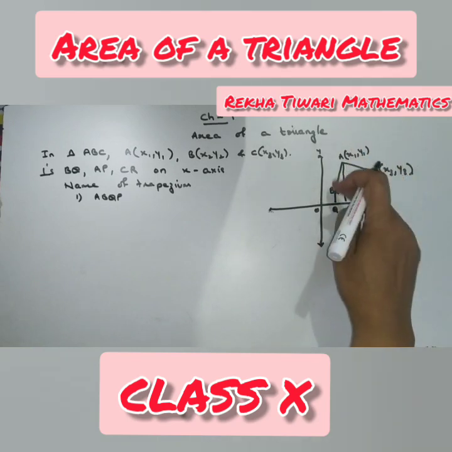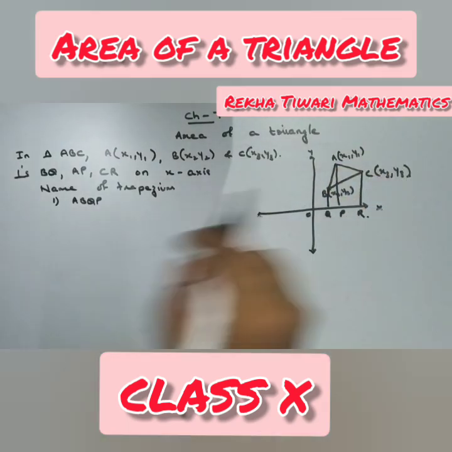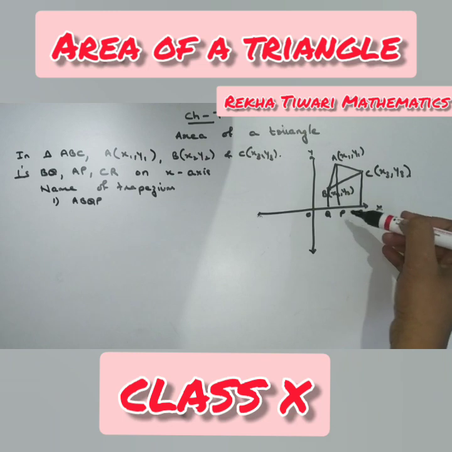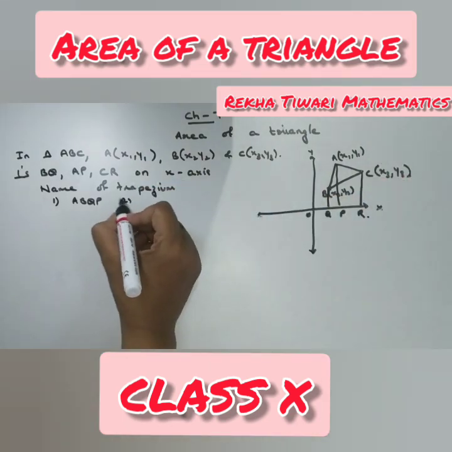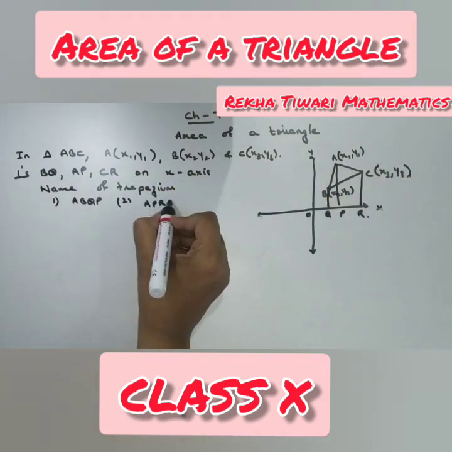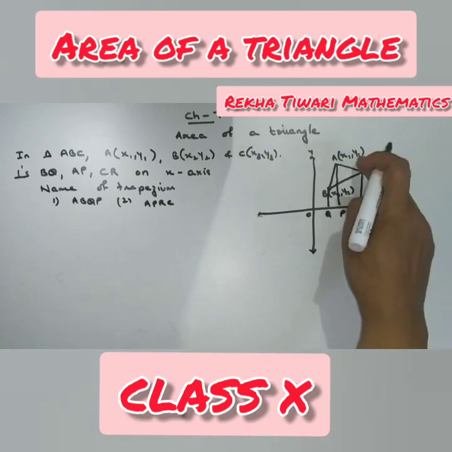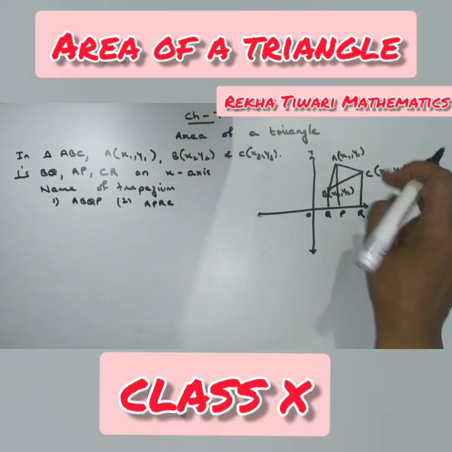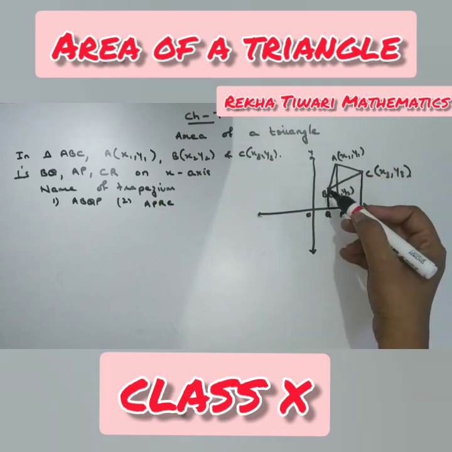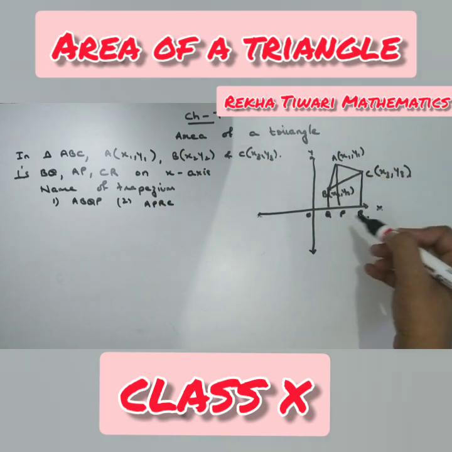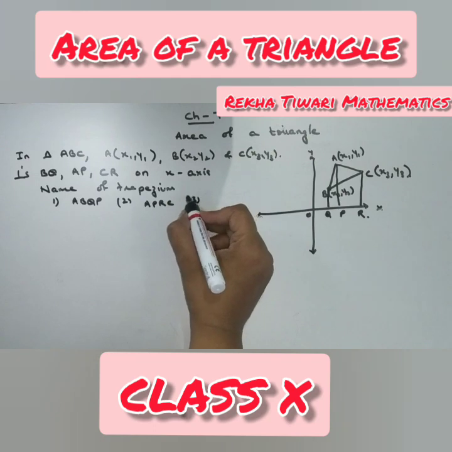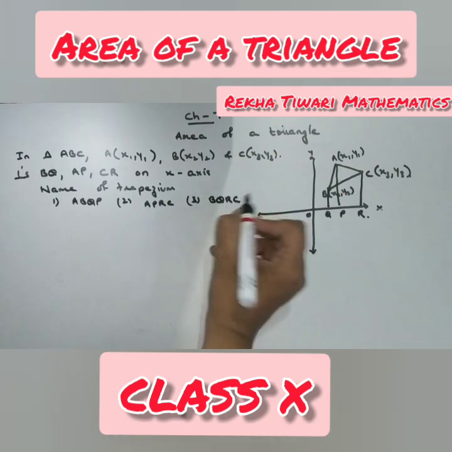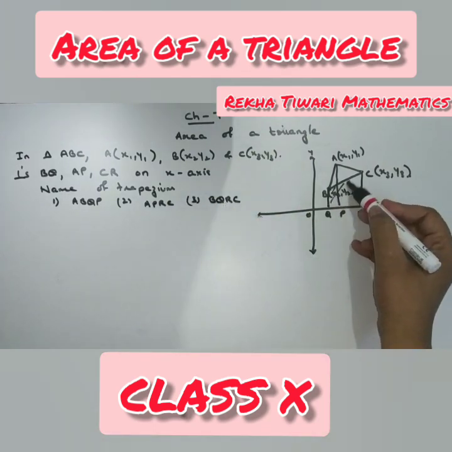See, this is the trapezium. BQ is parallel to AP. The second trapezium is APRC, in which AP is parallel to CR. And the third trapezium is BQRC. See, this is the third trapezium.